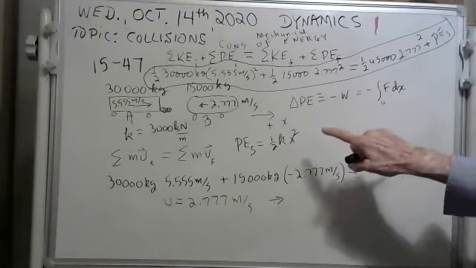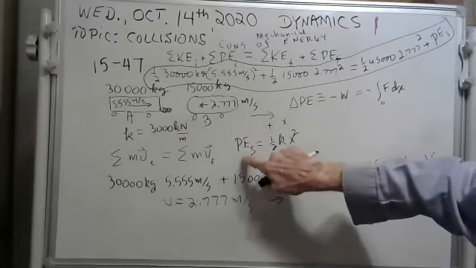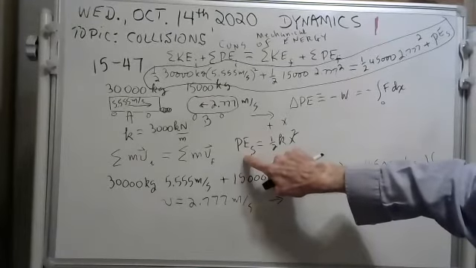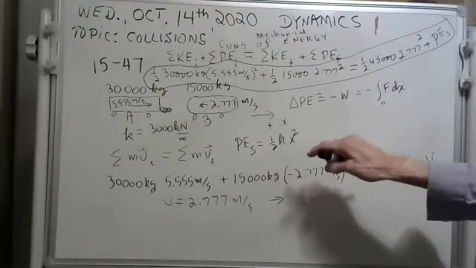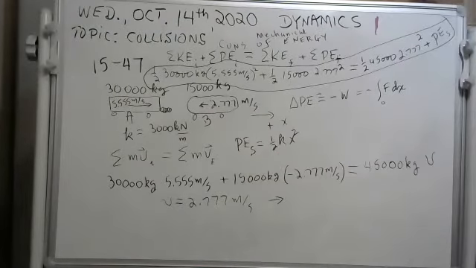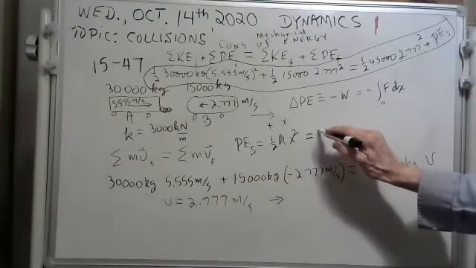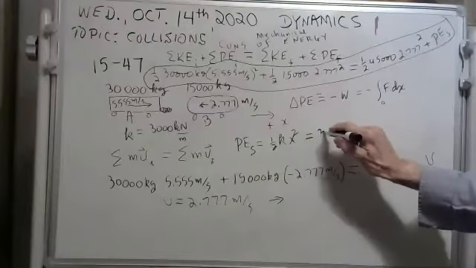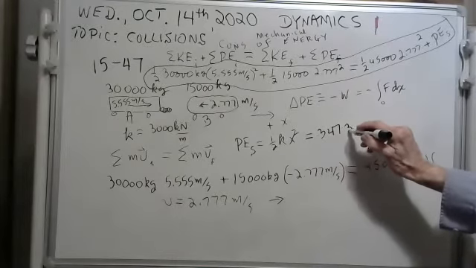Did you get the potential energy of the spring when it's compressed to its maximum compression? Did you get it? I think so. What'd you get? 347,194. That's what I got. Now wait a minute. I got 347,307.